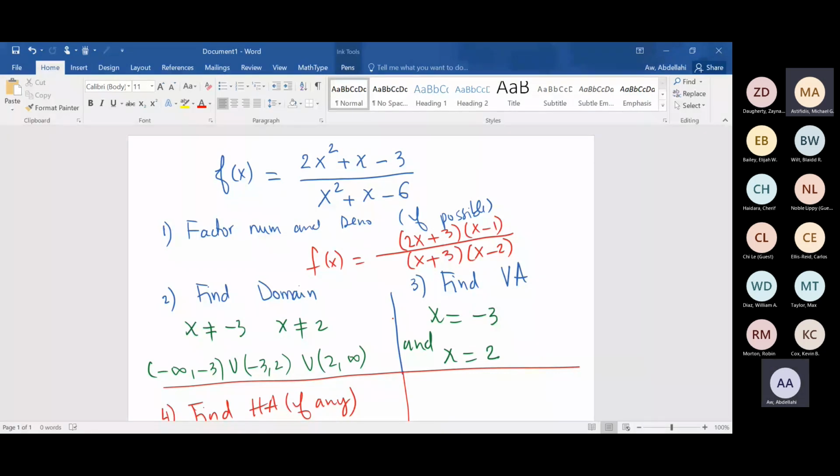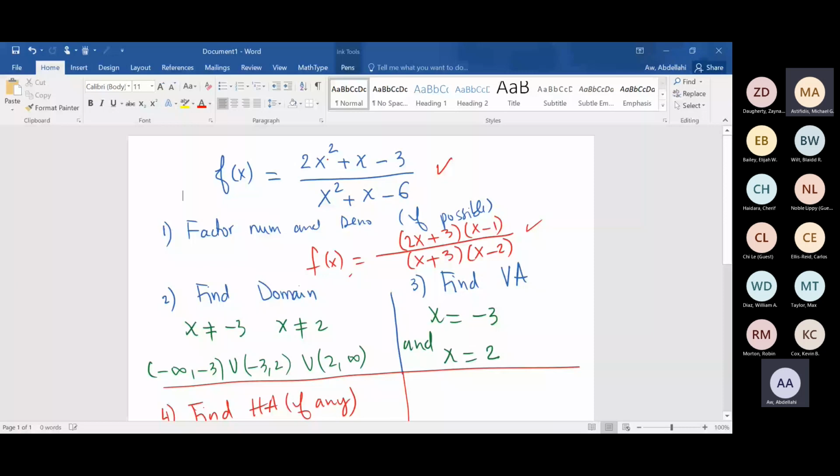So which form is better for us to figure out the horizontal asymptote quickly? This form or this form? The top one. The top one is better, right? Because the top one shows us exactly the degrees. It shows us if the degrees are the same or if they are not the same. Okay, the degrees here are the same. I see degree 2, I see degree 2.